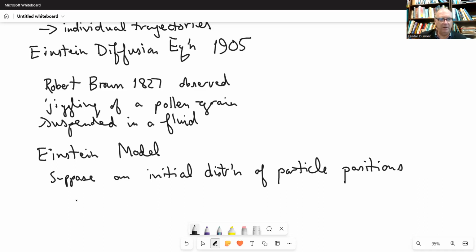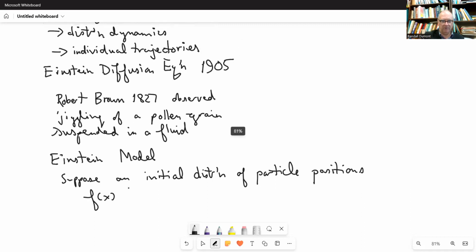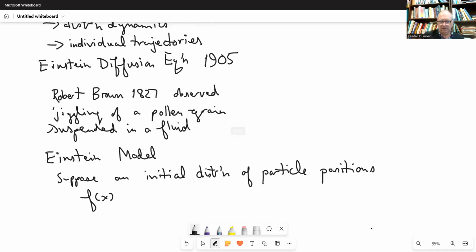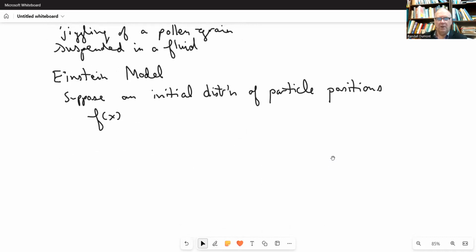We'll call that f of x. X could be a 3-dimensional vector, but we're going to treat it as 1-dimensional for simplicity in our discourse. Because this is the initial distribution, we can call that f of x, 0, and that's time equals 0.